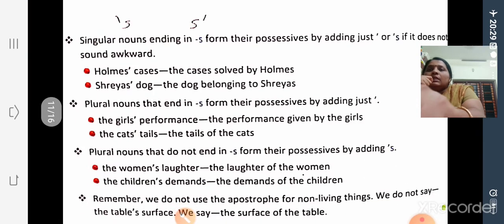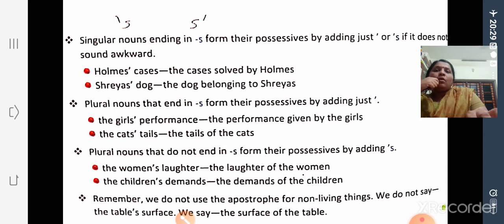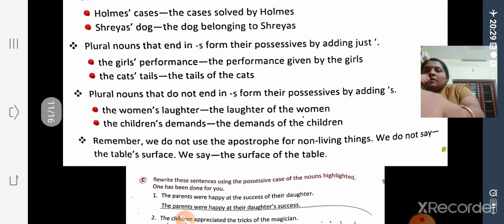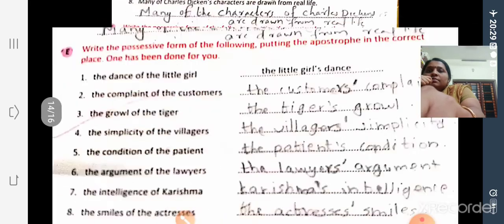Okay, then the next rule: singular nouns ending in s form their possessives by adding just an apostrophe, or apostrophe s if it does not sound awkward. Suppose I'll give you some examples.